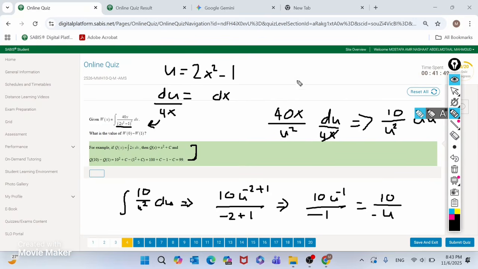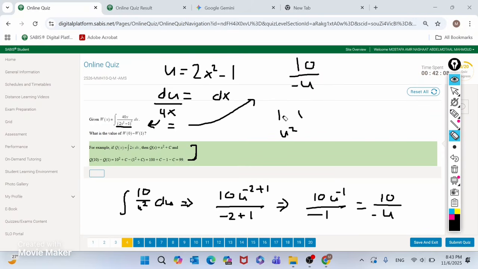I'm gonna write it up here. 10 over negative u. This is the integral of this, okay? After we integrate that, we get 10 over negative u equals 10 over u. So let me just erase all of this so I can have space. So now you put, this is u, yeah? So that's what you're gonna put in for u.